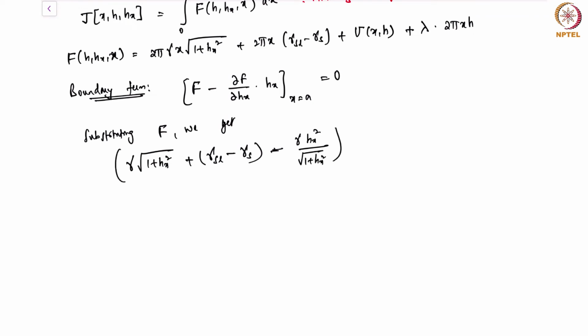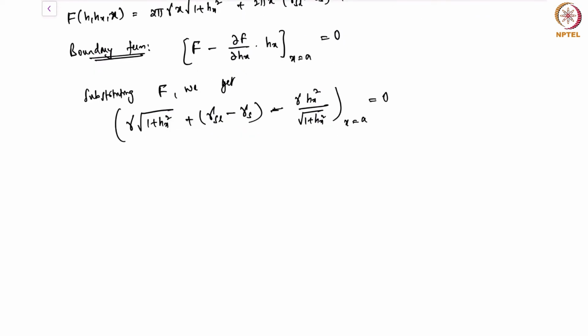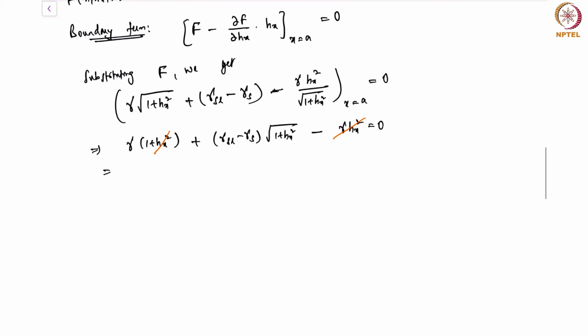This quantity has to be evaluated at x equal to a. We set it to 0. And if we do some quick simplification, we get 1 plus hx square plus gamma SL minus gamma S. Gamma hx square minus gamma hx square is 0. This and this cancel out. And finally we have gamma plus gamma SL minus gamma S, times 1 plus hx square, is 0.